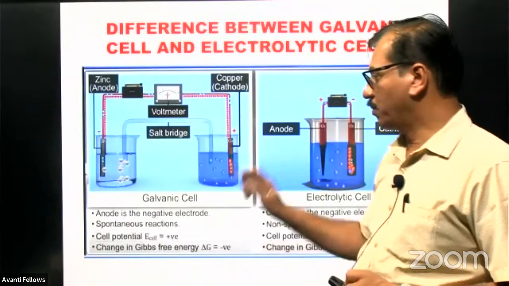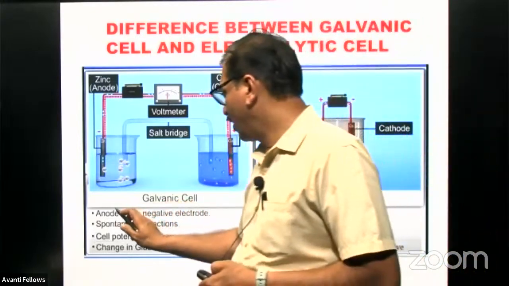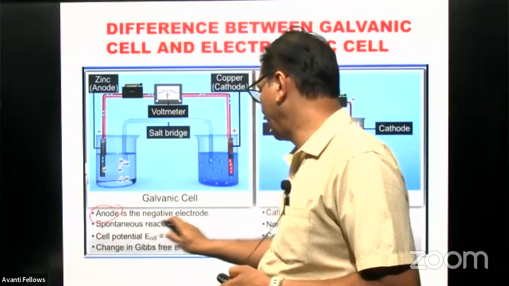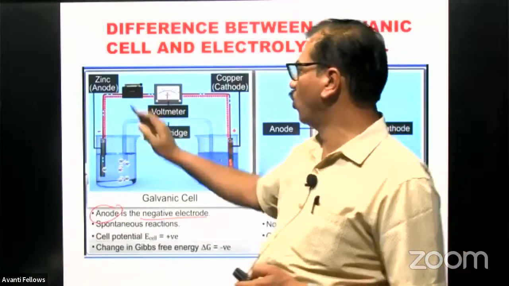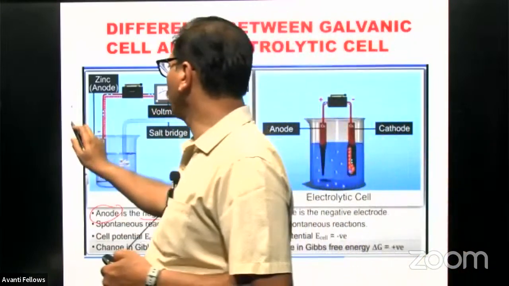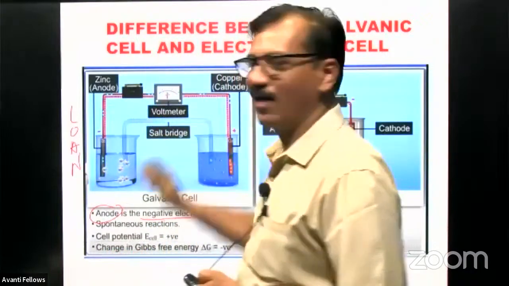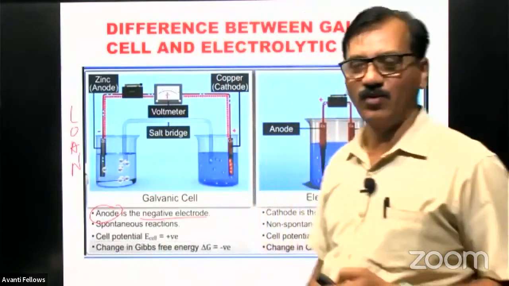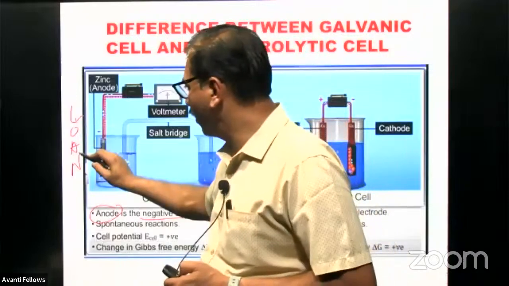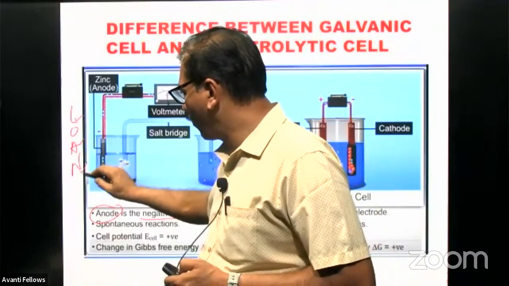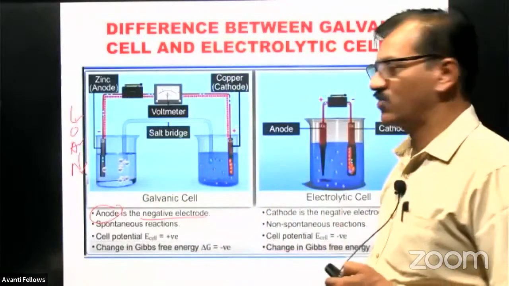The very important thing to remember is that anode is negative in the electrochemical cell, LONA. As I told you, LONA can be applied only for the electrochemical cell. So the left half cell, anode is negative.